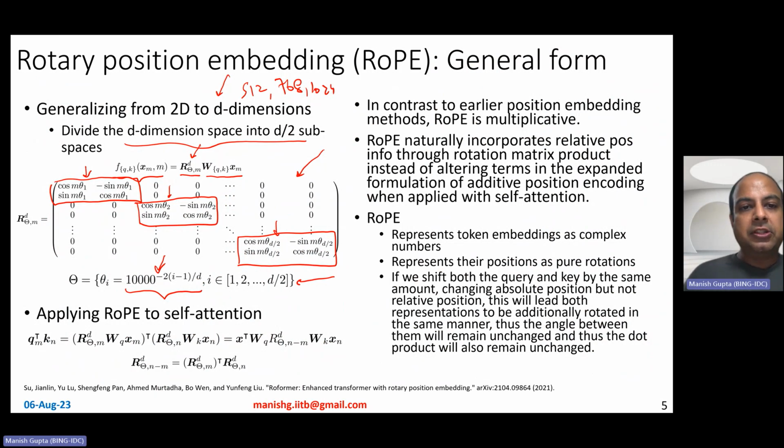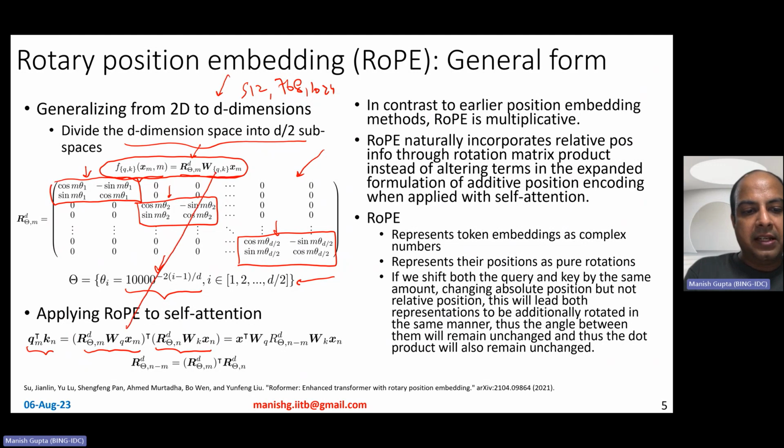Now remember, this just tells you the position encoded representation, or the RoPE encoded representation, for a query or a key. But what you're interested in, in self-attention, is to multiply the two. So remember Q_m transpose into K_n.